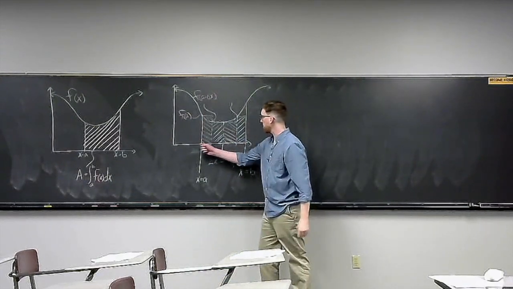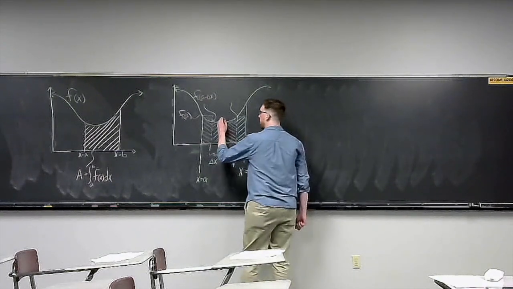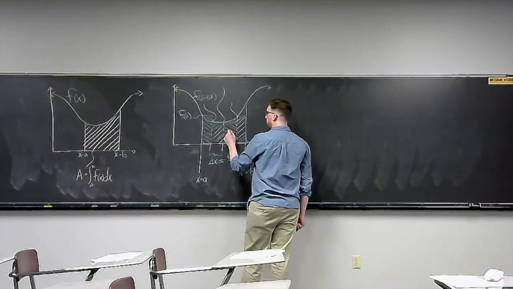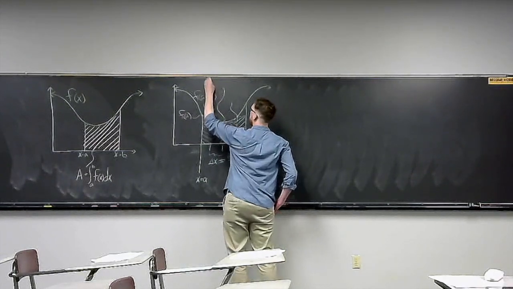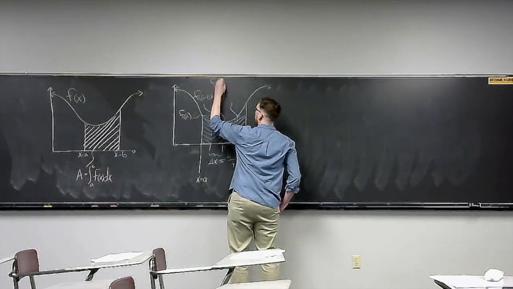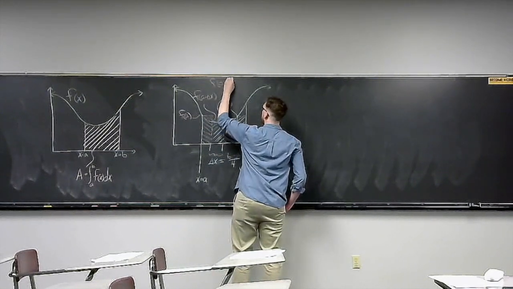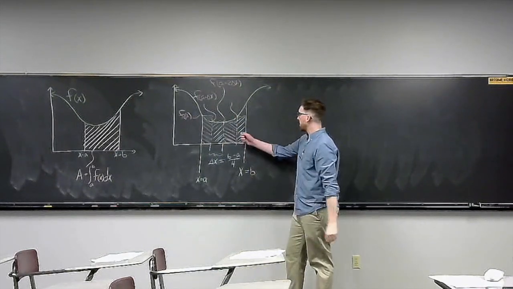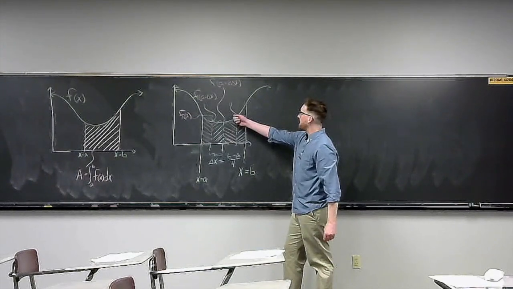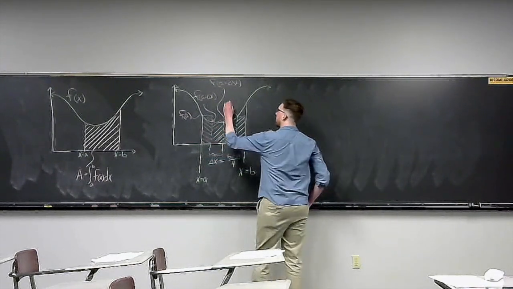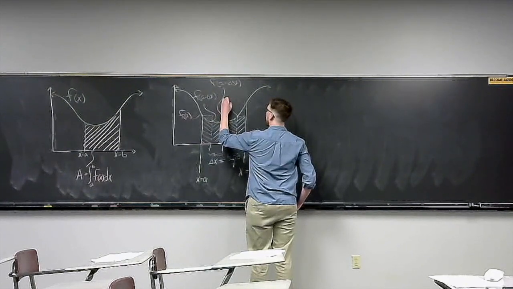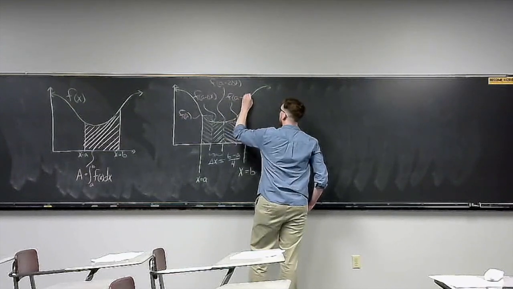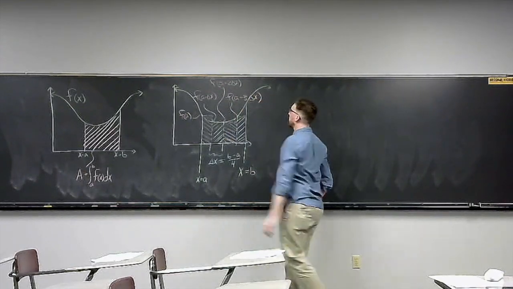So we're going delta x to the right. Then this top left corner over here for our third rectangle will be f of a plus 2 delta x. And finally, our last rectangle, the top left corner of it, will have a height of f of a plus 3 delta x.